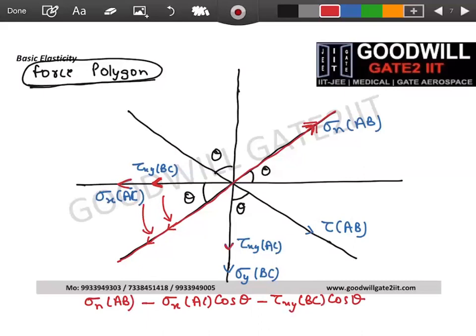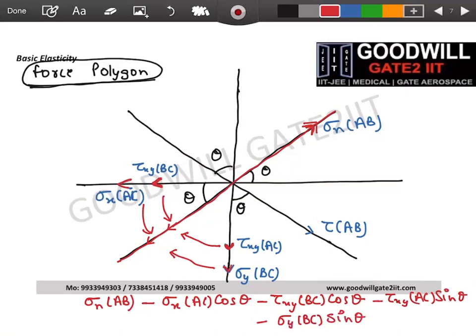This tau xy, if I resolve along this line, and I hope you people agree, this will be sine theta term. So minus tau xy into AC into sine theta. This is one term. And now this sigma y BC also resolved in this direction. So minus sigma y BC sine theta.